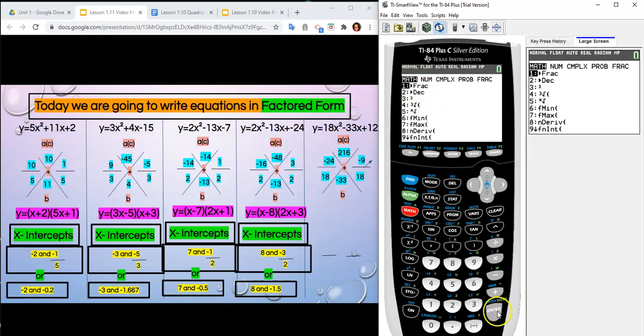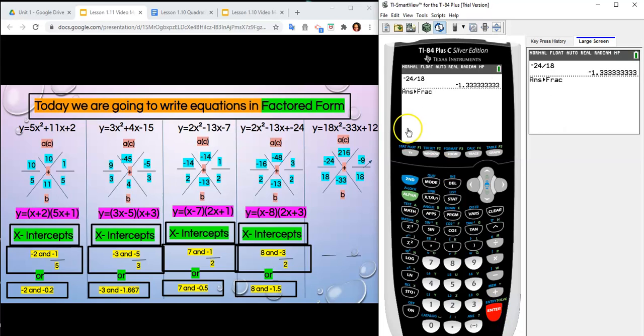You're going to select that by hitting enter. It's asking, do you want to change this decimal into a fraction? Yes, we do, so we hit enter again. Look, it simplified that fraction for us and we didn't have to do it. So it got negative 4/3.